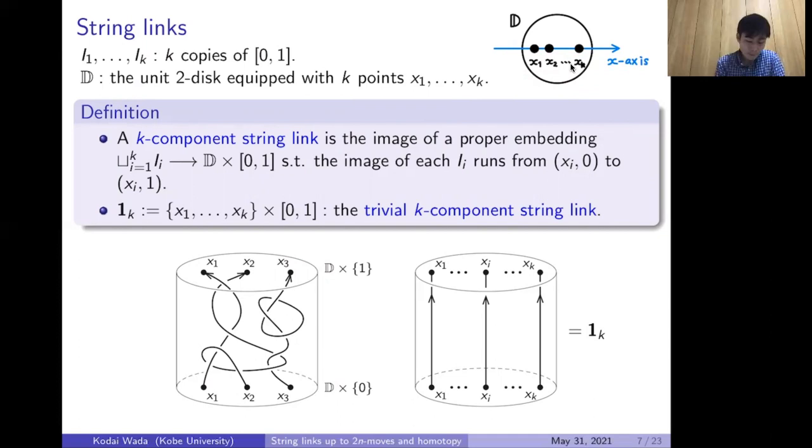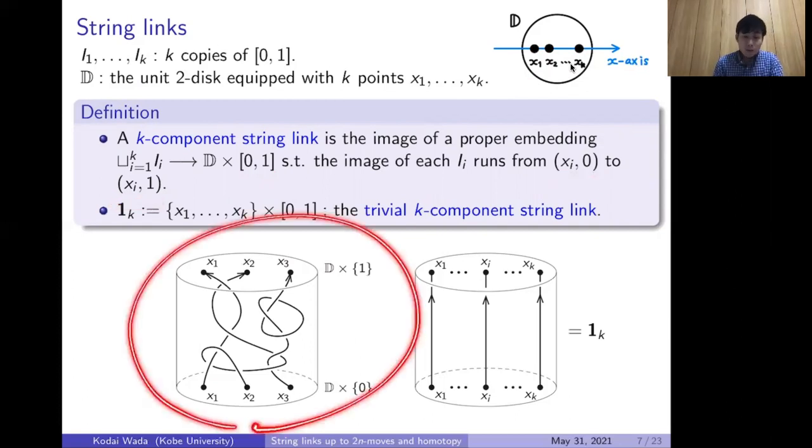More precisely, a k-component string link is the image of a proper embedding of the disjoint union of k copies of the unit interval [0,1] into D times the unit interval, such that the image of each I sub i runs from the point xi 0 to the point xi 1. This figure shows an example of a three-component string link.